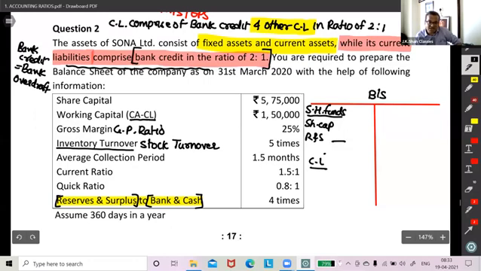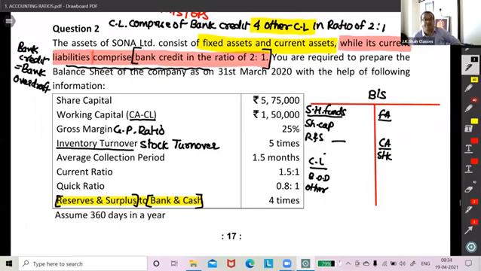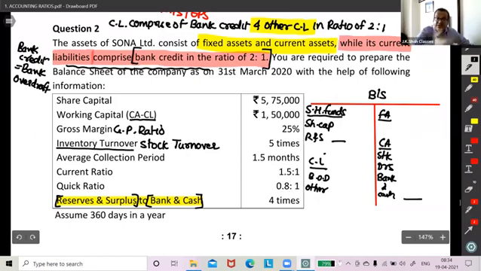Then current liabilities, there will be bank OD, right, and other. Here we will have fixed assets for sure. Current assets, what things am I going to have? I'm given stock turnover ratio, means stock is definitely there. I'm given average collection period, means debtors are definitely there. And I'm also going to have bank and cash. You understood now why bank and cash? Because it is written in the ratio. So this is going to be the skeleton of my answer.